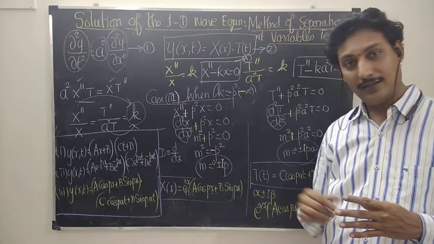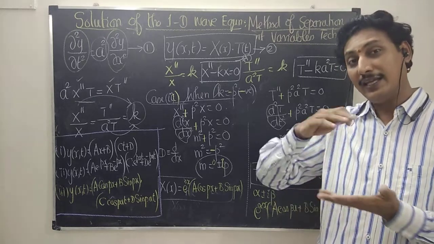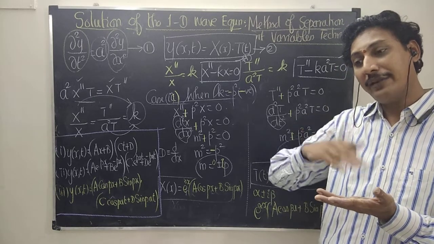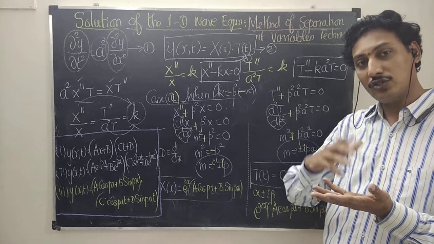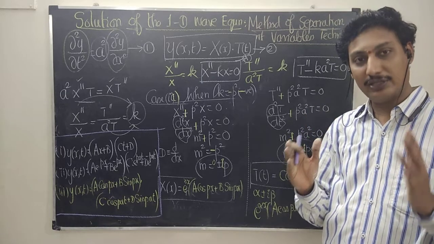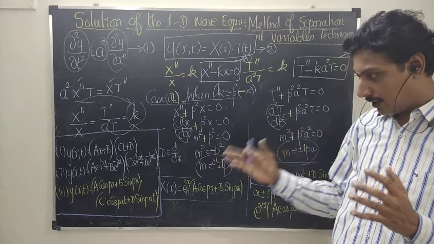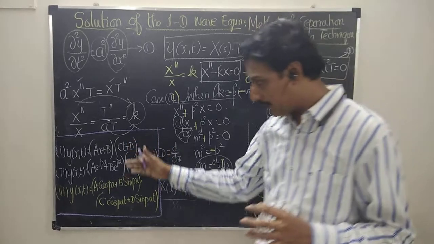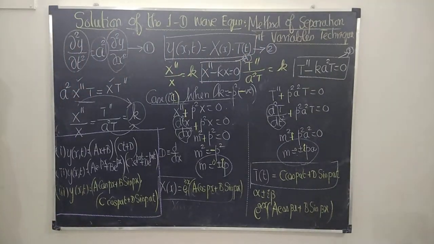The third one, since in my one-dimensional wave equation the vibration performs like a transverse motion with some periodicity. So that's why the third one among the three possibilities is my correct solution.